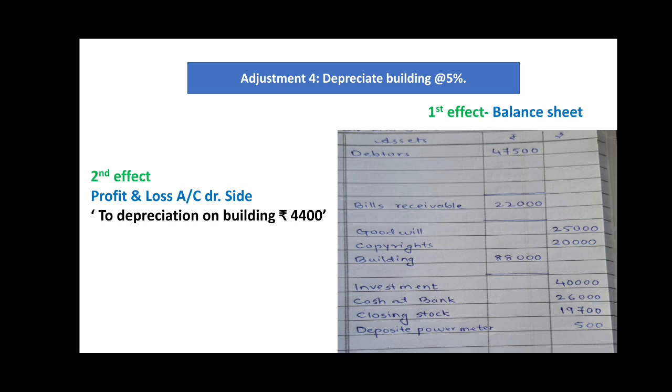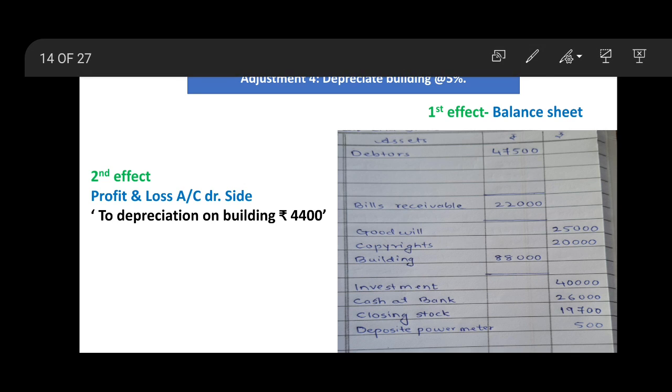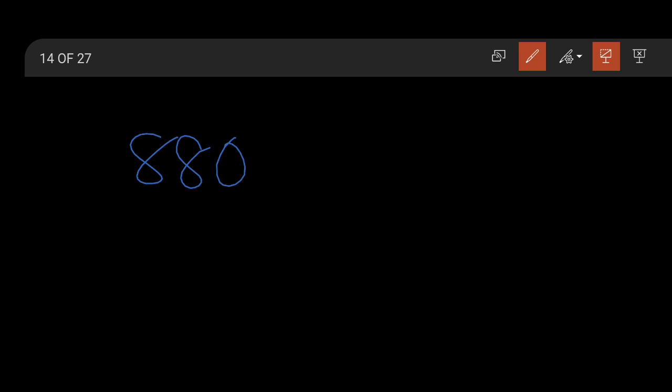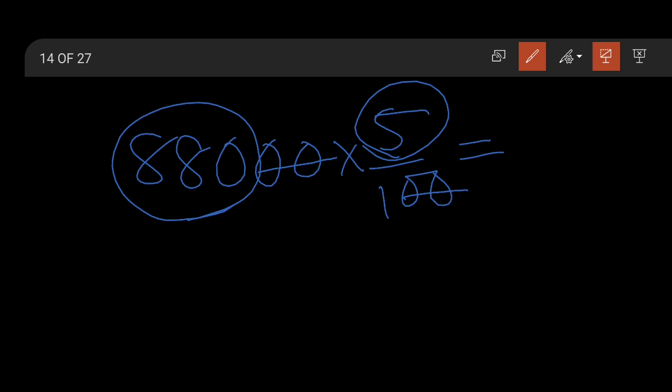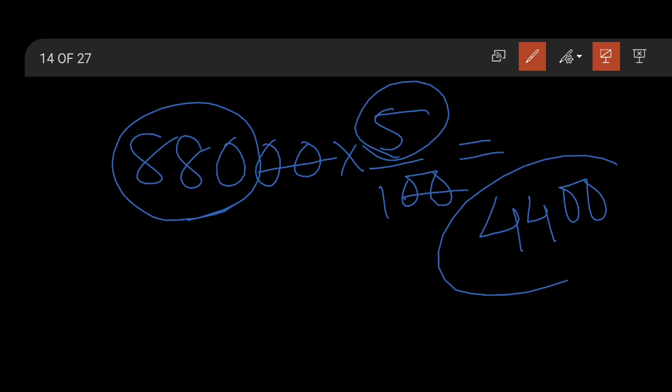The fourth adjustment is regarding depreciation on building at 5%. We already have buildings on the asset side. Here you can see, the building amount was 88,000 and depreciate building 5% means 5% of 88,000. How much will you get? These two zeros will be cancelled. 880 into 5, you will get 4,400 as your depreciation amount.